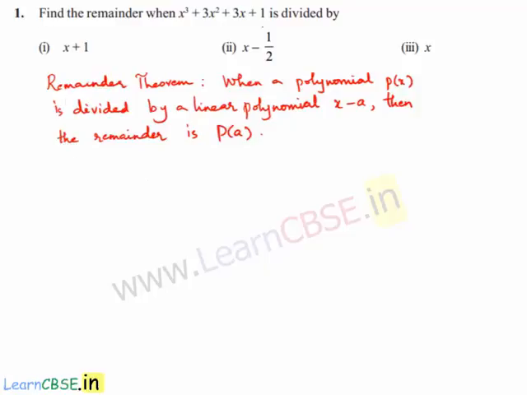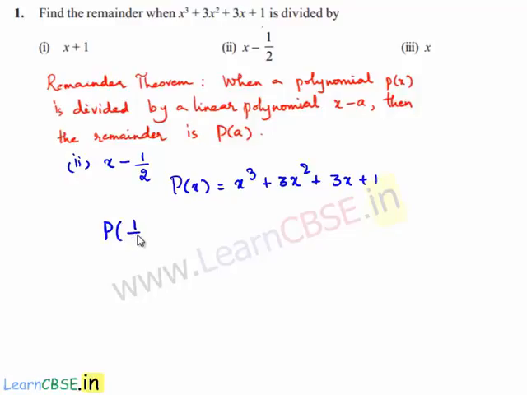Now let us see the second bit, which is x minus 1 by 2, and p of x is equal to the same polynomial. So by the remainder theorem, p of 1 by 2 is the remainder.